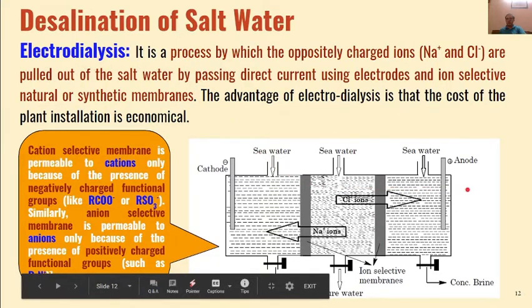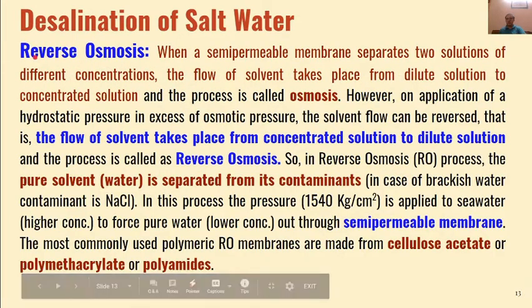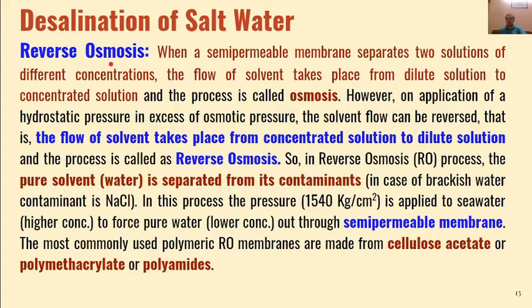The next is reverse osmosis. We know when a semi-permeable membrane separates two solutions of different concentration, the flow of solvent takes place from dilute solution to concentrated solution, and this process is known as osmosis.